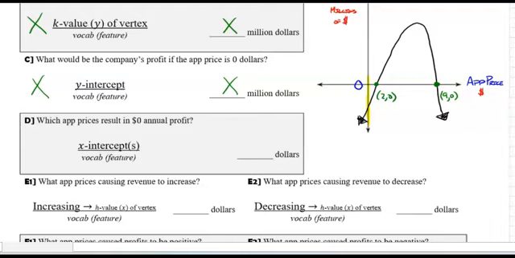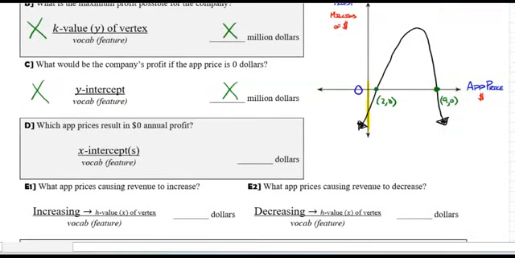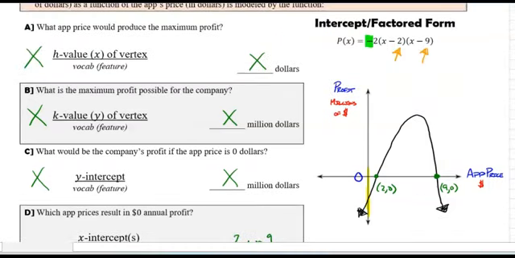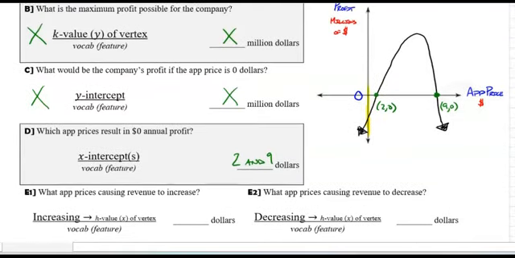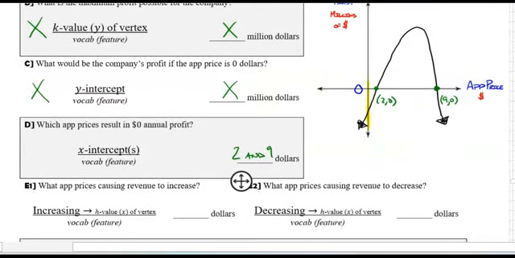Well, we can see that this is found from using the x-intercepts, which we were provided in the equation. So we know that the app prices will result in 0 profit at $2 and $9. If the company sold the app for $2 and $9, they would not earn any profit.